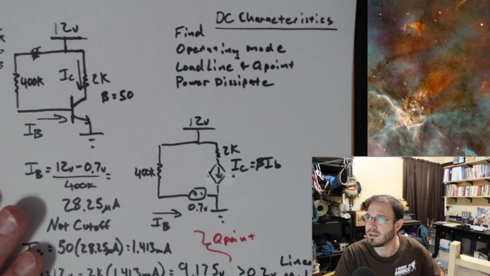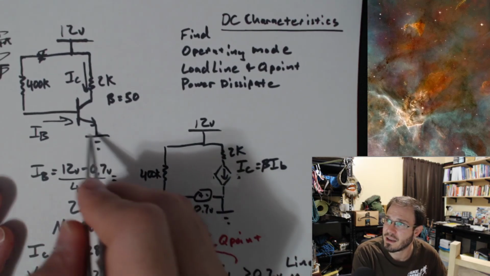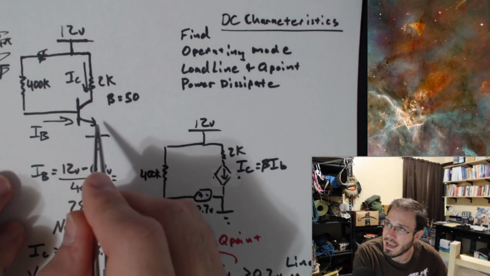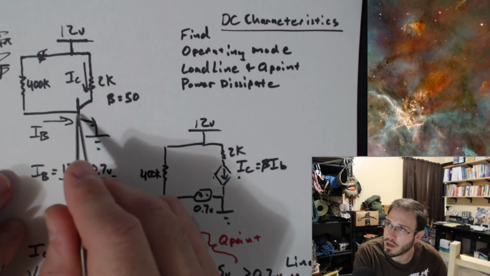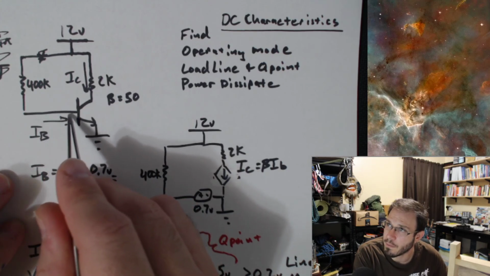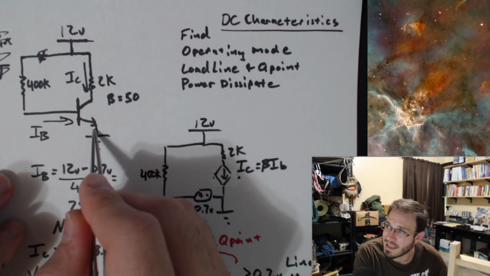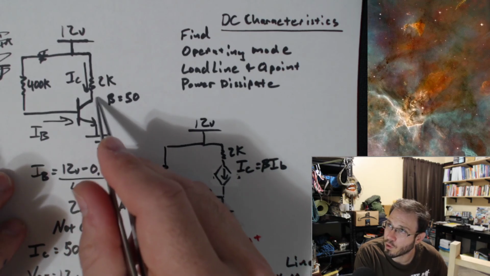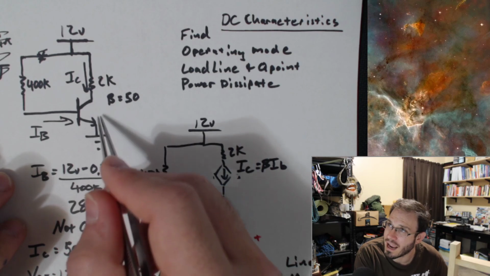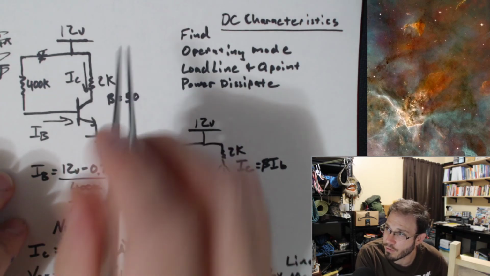So if we go ahead and look at this, we have power being dissipated from the current and voltage flowing from the base to emitter, as well as the power being dissipated from our voltage drop from the collector to emitter and the current IC flowing through that.